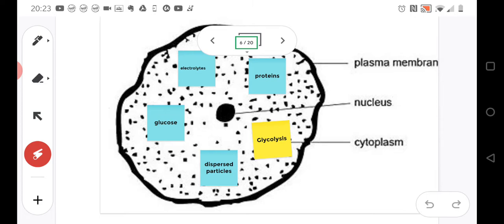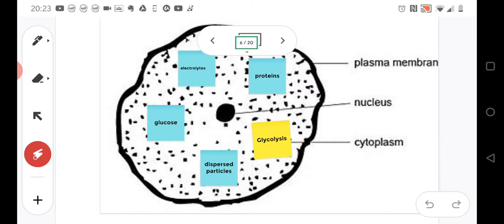In the cytoplasm, we have a lot of compounds. So, for example, we have some glucose, some electrolytes, and a lot of very important and very varied proteins. In the cytoplasm, we also have an extremely important process called glycolysis.